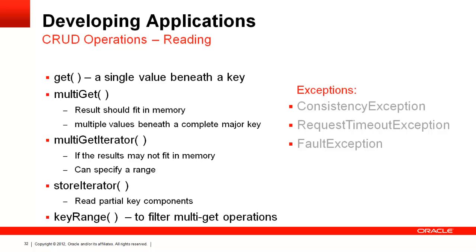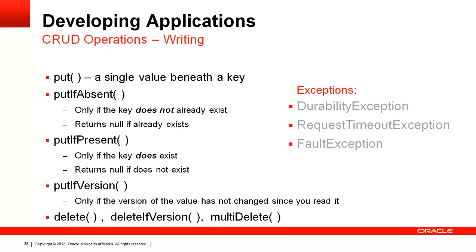If we go on to writing, these are the write operations that are available to you. Very similar. You can put the value beneath a given single key, but you've got some variance on that. You can say, I only want to put it if it's absent, if one doesn't already exist, and if it does, you need to check the return result, and if it's null, that means it already existed.